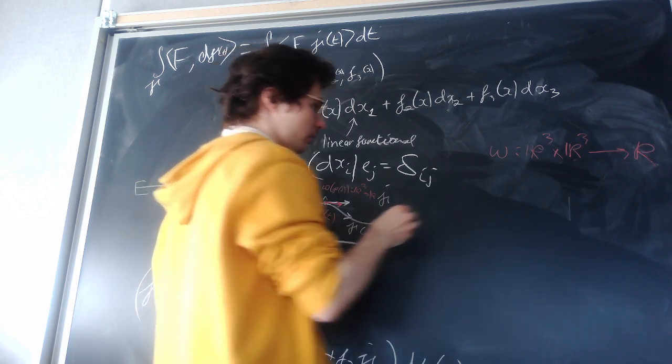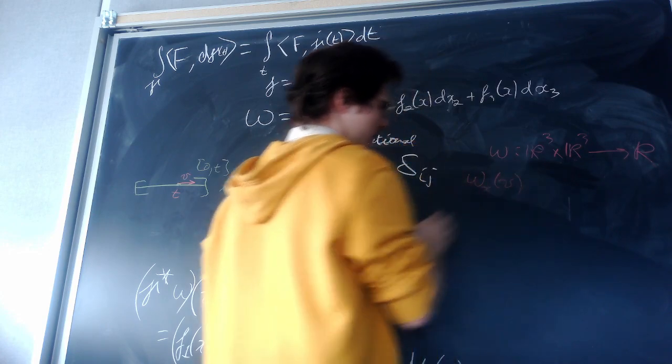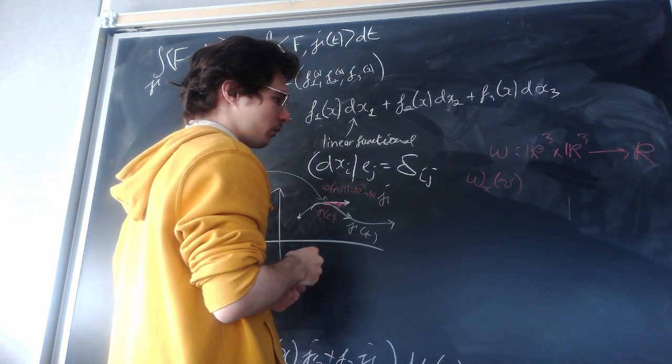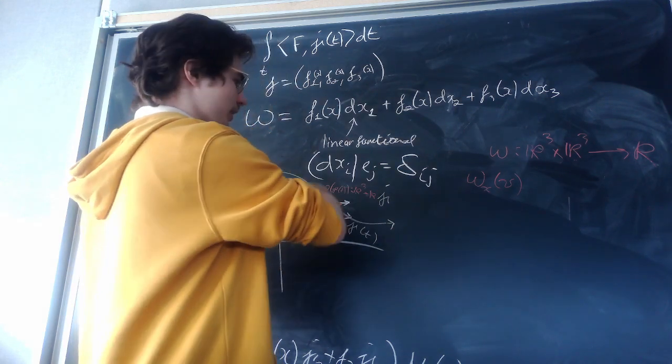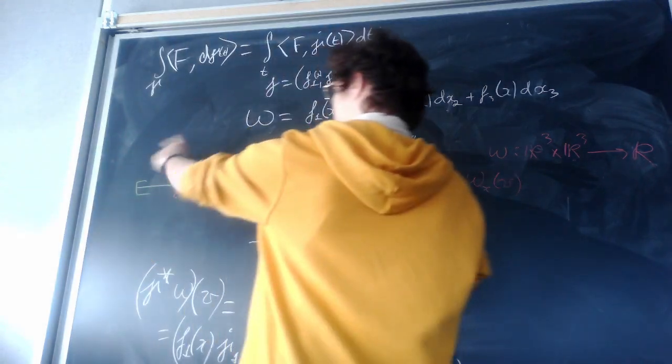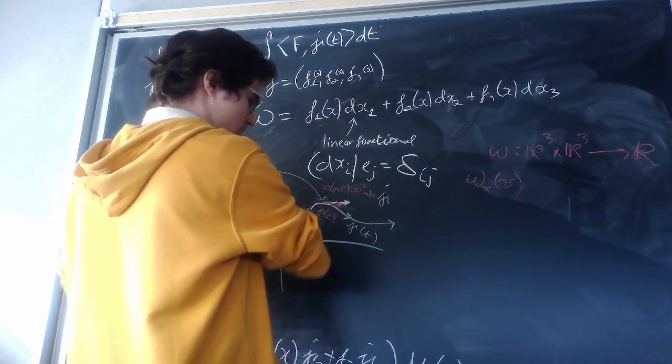What I want to do, so omega at x, input it at v, is use this differential form to define a differential form on the initial space that I was on, which defines my path.